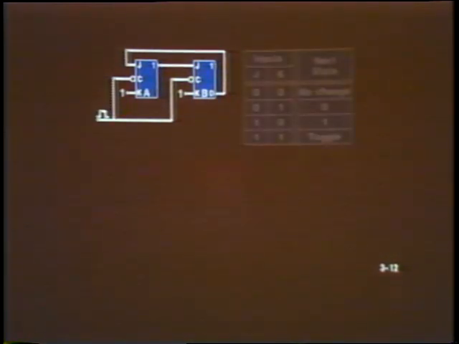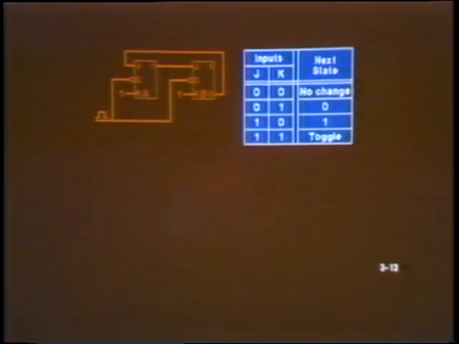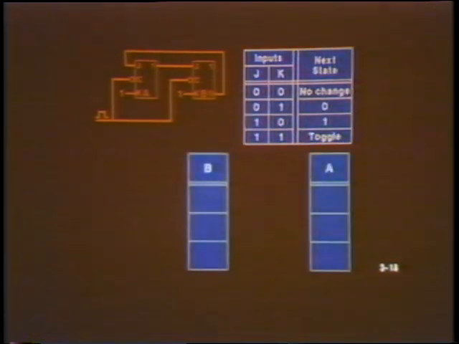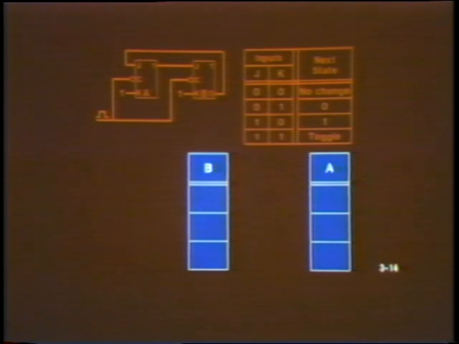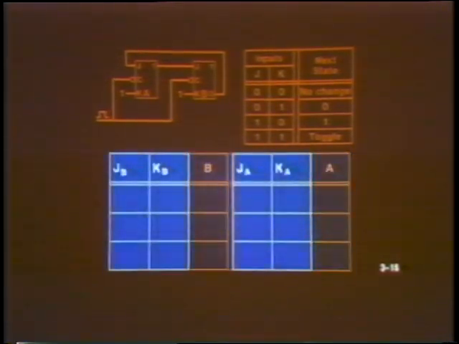For easy reference, we'll also include the JK state table so that we can easily verify why particular changes of state occur. Underneath the circuit diagram and state table, we'll list the states of the flip-flops. But in this example, we also want to include the flip-flop inputs as well. Tabulating the J and K inputs next to the state will make it easier to see why the circuit behaves as it does.